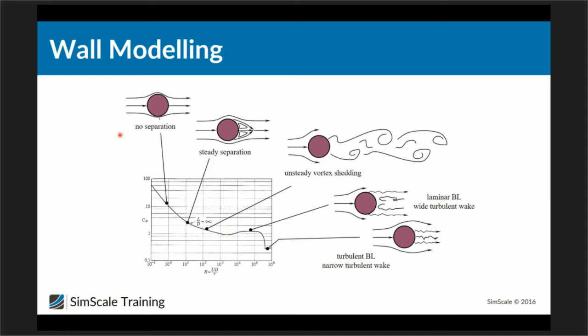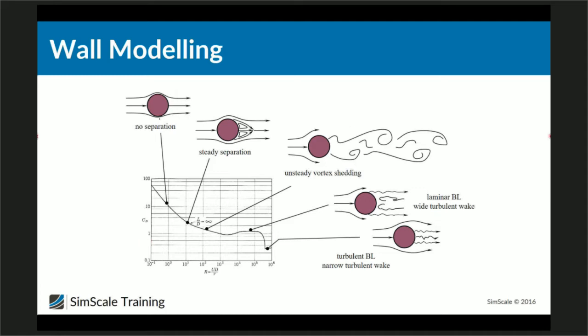And if the Reynolds number is even higher than 100, we have unsteady vortex shedding. And what I want to show you with this graph is that if you also look at the drag coefficient, it's dropping. And this is a very good example of how the boundary layer can affect the overall flow.